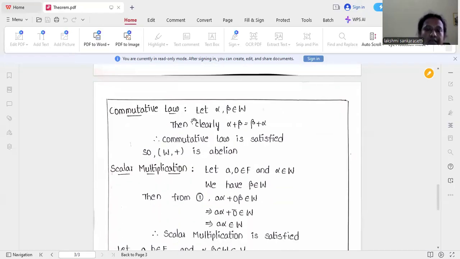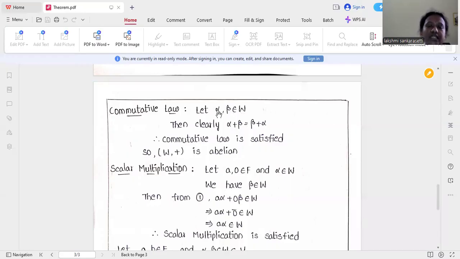To complete that (W, plus) is an abelian group, the last property we have to discuss is the commutative law. If alpha, beta are any two vectors in W, then clearly alpha plus beta is equal to beta plus alpha, because W is a non-empty subset of V. So alpha, beta are elements of W implies alpha, beta are also elements of V, and in V it is clear that alpha plus beta is equal to beta plus alpha.